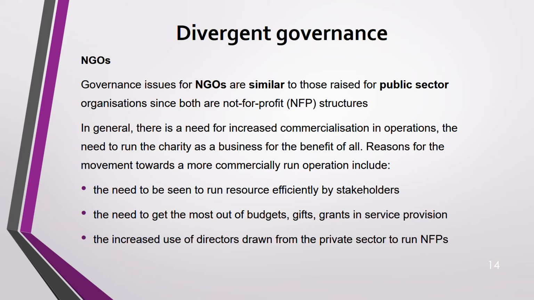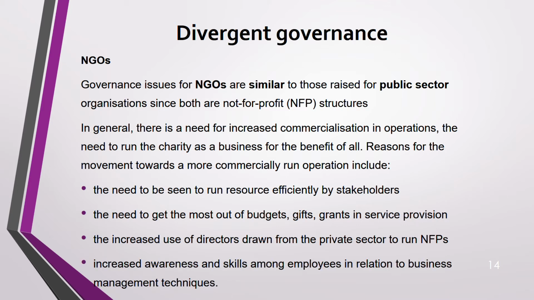Number three, the directors. The increased use of directors from the private sector to run not for profit organizations. Nowadays, most of the people who are working in not for profit organizations are from the private sector. You're pulling them in because they have a better understanding of running it in a more effective, efficient, and economic way.